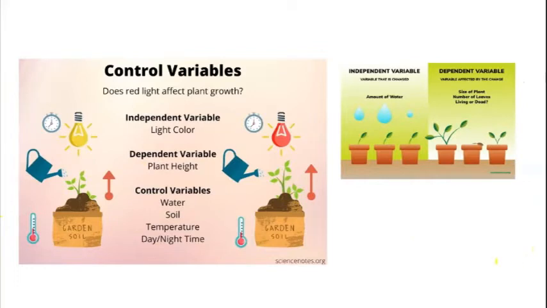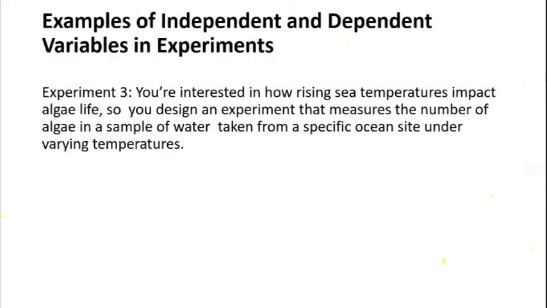Okay. And for the third experiment that we have, you're interested in how rising sea temperatures impact algae life. So you design an experiment that measures the number of algae in a sample of water taken from a specific ocean site under varying temperatures.